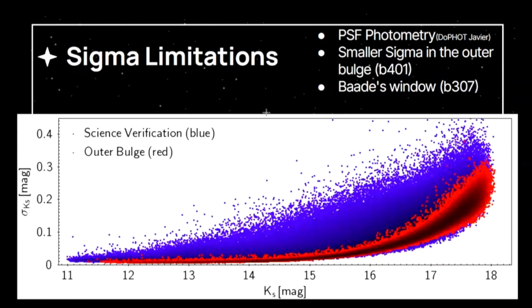So we are working on this inner bulge and the bad window. We can see that here we have much dispersion, and it becomes hard to search for exoplanets after 13 magnitude. But in the outer bulge, here on b401, we reach much fainter. Actually, this is PSF photometry from Javier. Thank you.